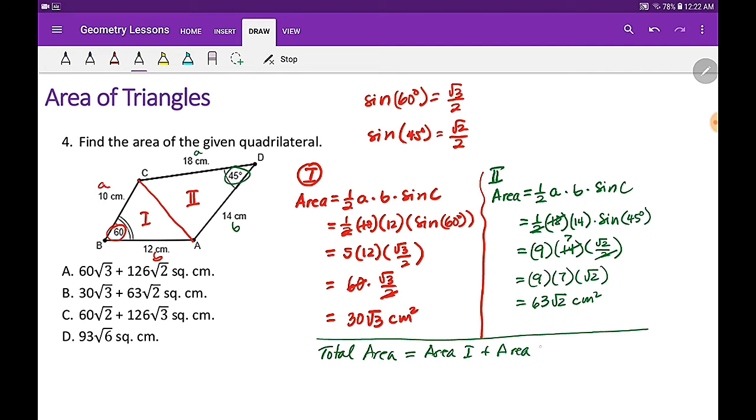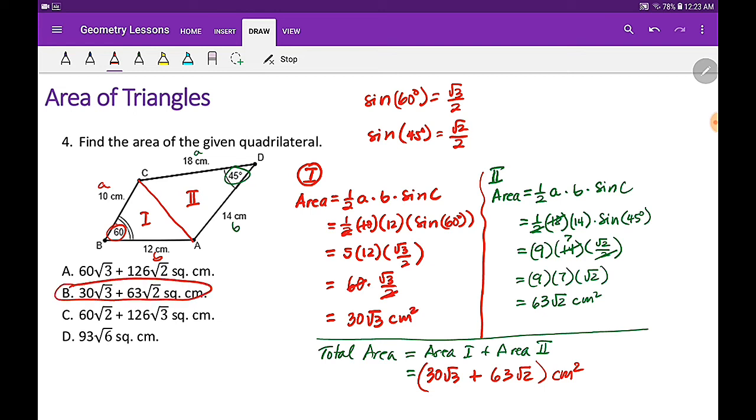It's going to be 30 square root of 3 plus 63 square root of 2. All of that is in square, oops, not inches, centimeters. Square centimeters. So that being said, the answer is not A, the answer is B.